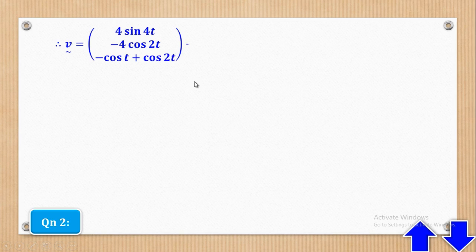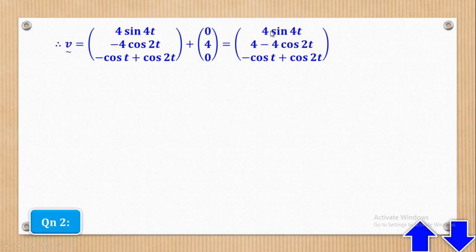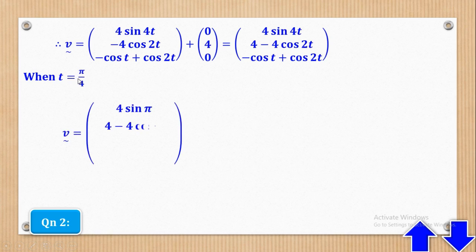So now that we have C, we shall substitute to get the final expression for v, which will be 4 sin 4t, then 4 minus 4 cos 2t, then negative cos t plus cos 2t. Therefore, when t is equal to pi over 4, what you should remember again is that as long as there is a trigonometry function, always the calculator must be put to radians.